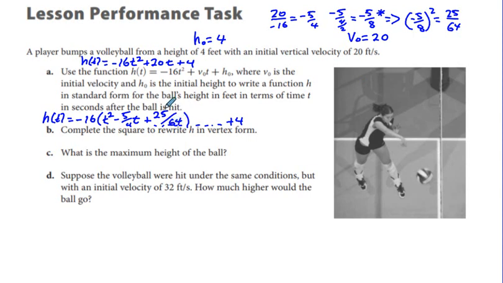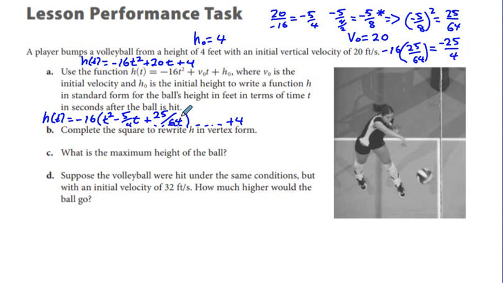We've added 25/64. What do we have to subtract? If we take negative 16, which is on the outside of the parentheses, times 25/64, negative 16 over 64 simplifies to negative 1/4, so we get negative 25/4.